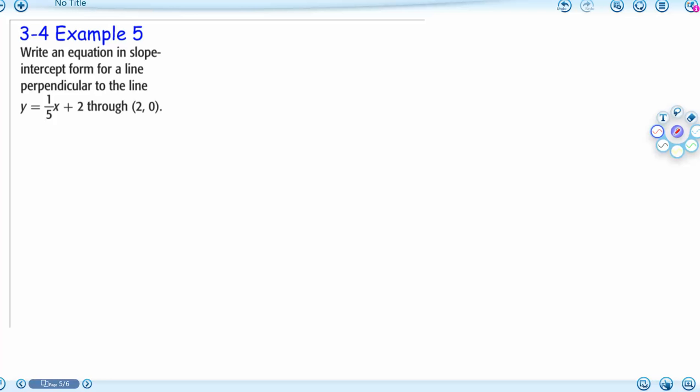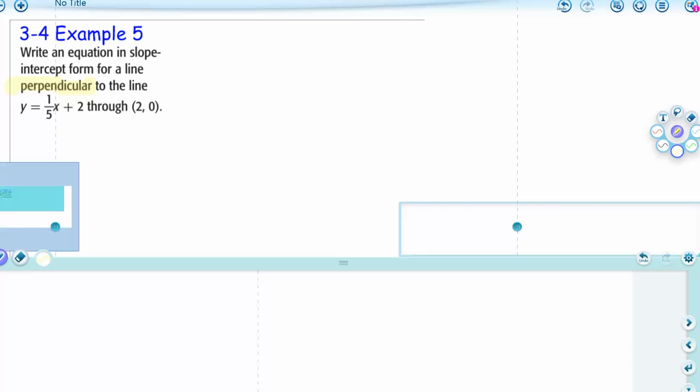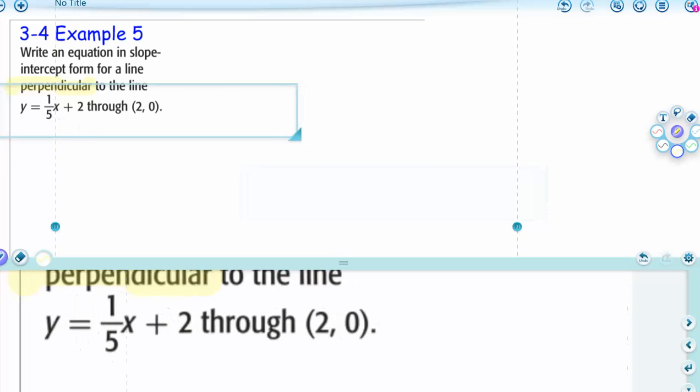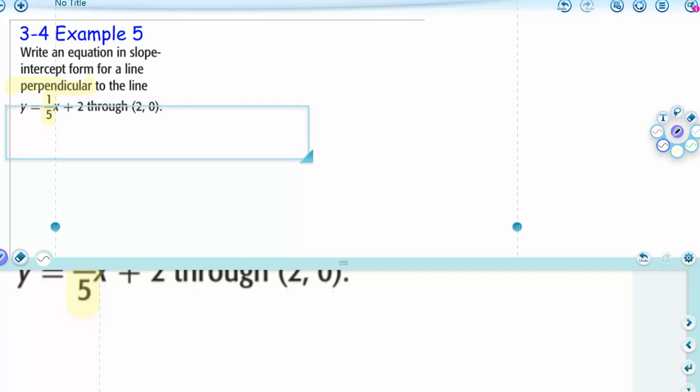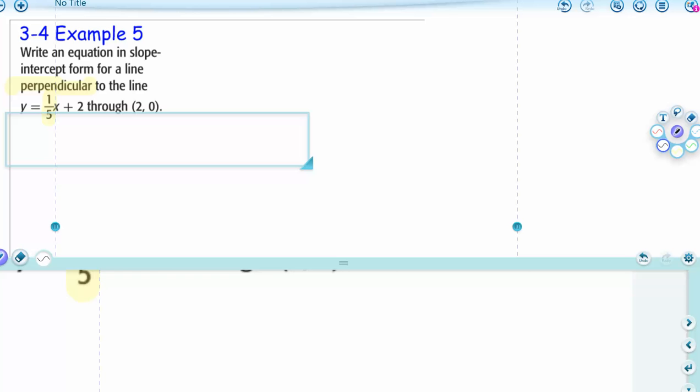Couple of things we need to remember. First, the slopes of perpendicular lines are opposite reciprocals. In this case, if we look at the equation for the line that's given, y equals 1/5 x plus 2, our slope is 1/5. The opposite reciprocal of 1/5 is -5/1.